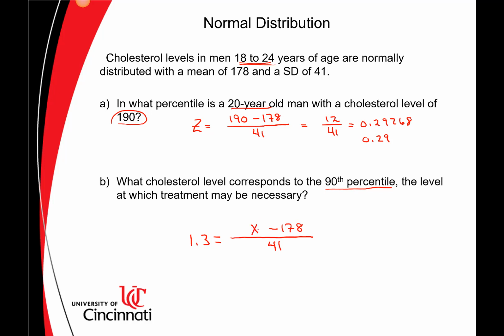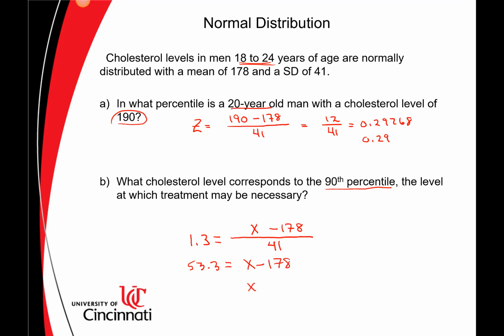What are you going to do first to solve for X here? Yeah. So we're going to take the 1.3 times 41 equals, and that'll give you 53.3 equals X minus 178.